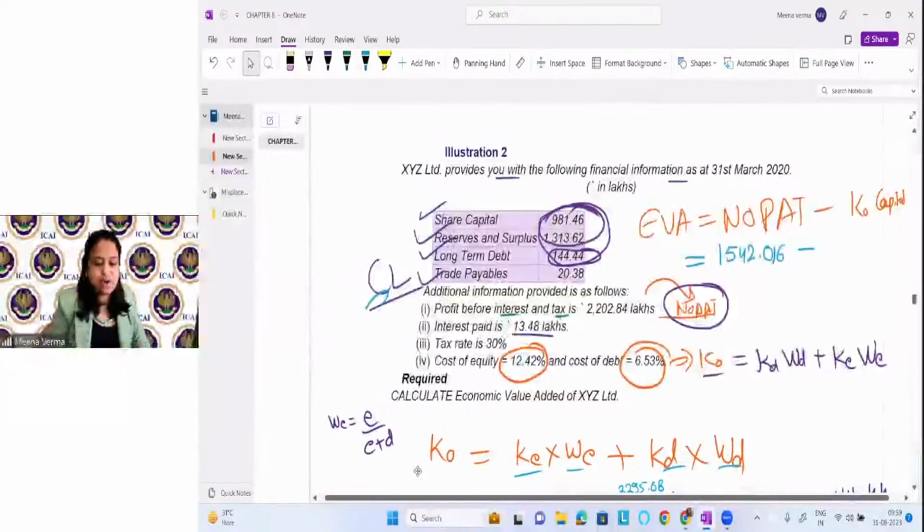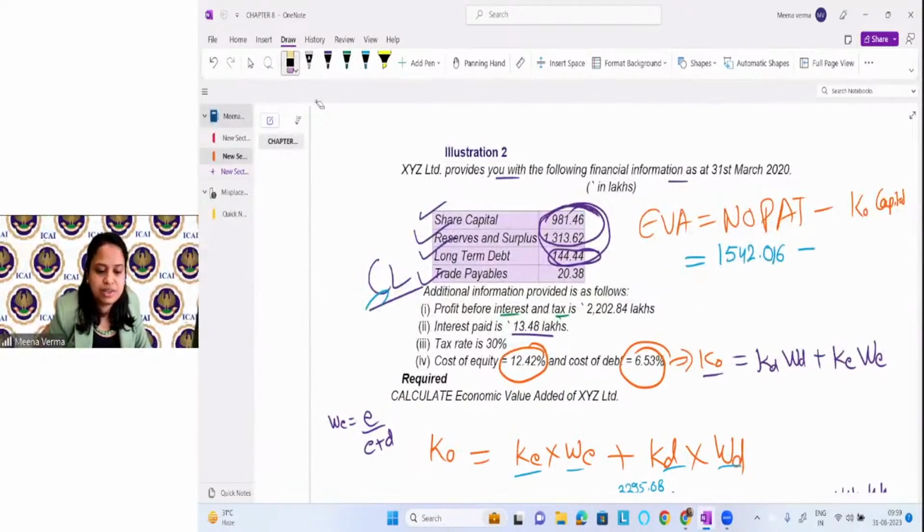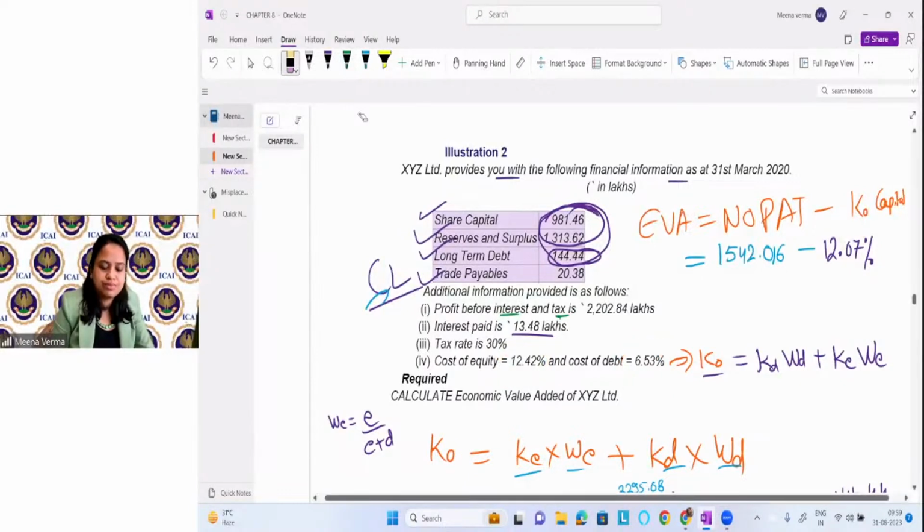So I assume that you have learned it from there, though I have explained it here also. So here my overall cost of capital is coming as 12.07%. Now just multiply it with the total capital and you will get the answer. Simple, right?